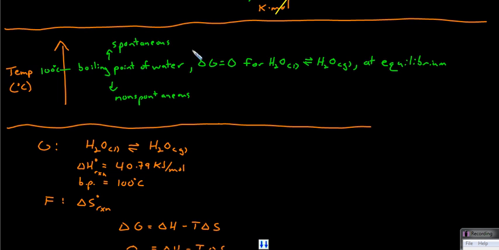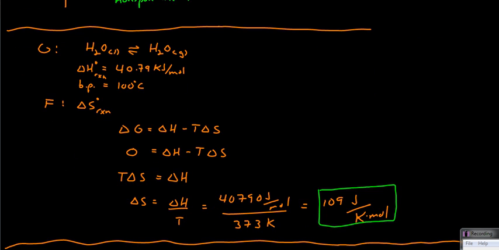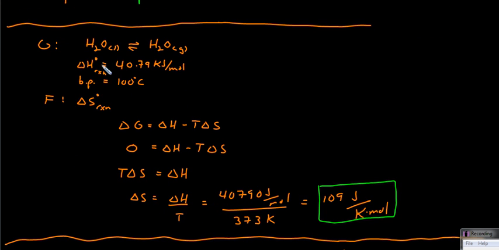So consider that in this problem, where we are told water vaporizes, and its boiling point is 100 degrees Celsius. Its heat of reaction, this vaporization, is positive 40.79 kilojoules per mole. Find the entropy change of this reaction. All right, so we know that at 100 degrees Celsius, delta G is equal to 0.